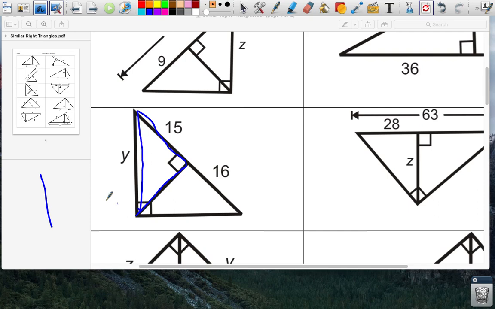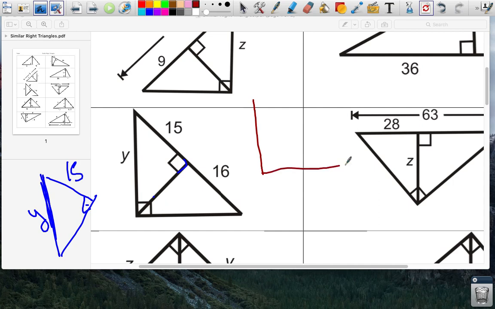If I draw that triangle out, and get that this is y, that's my hypotenuse, and this is 15, right? Now, if I draw out the other triangle, which is this guy over here, the big triangle, my hypotenuse is 31. My height here is y. And again, I'm going to have a problem here.